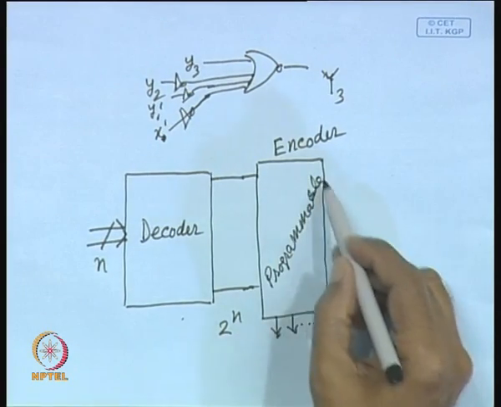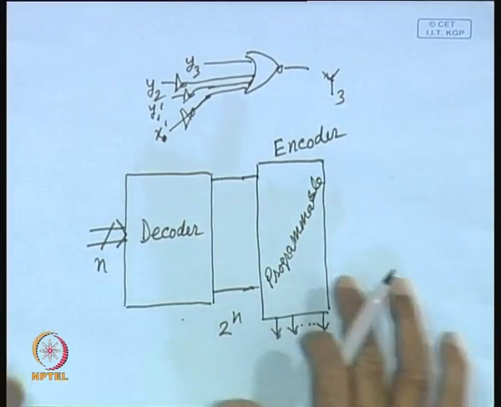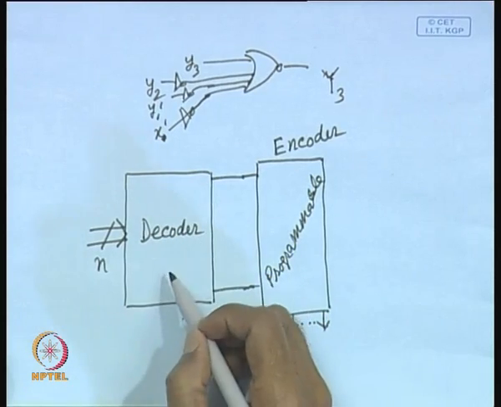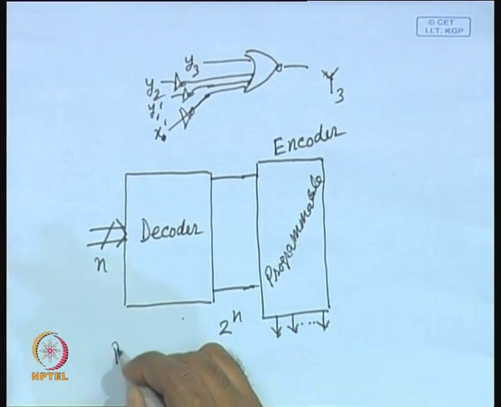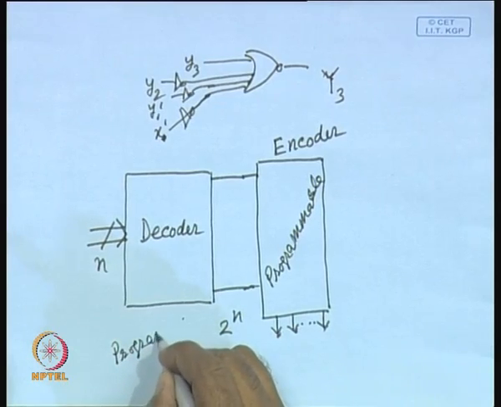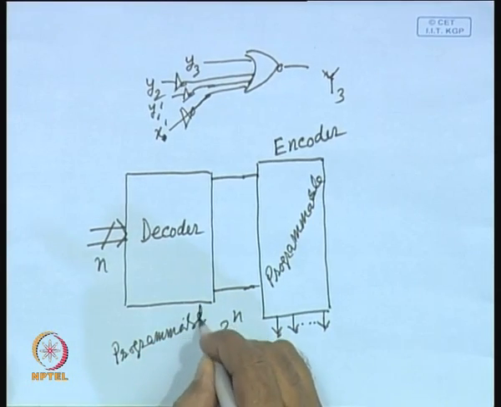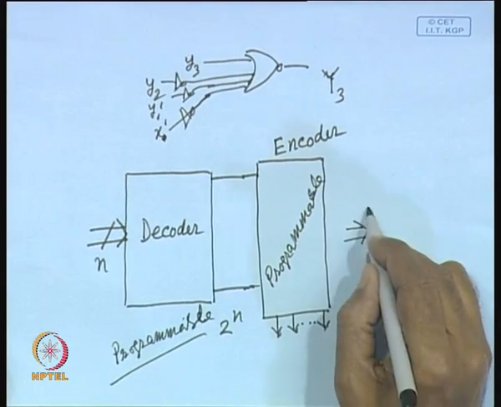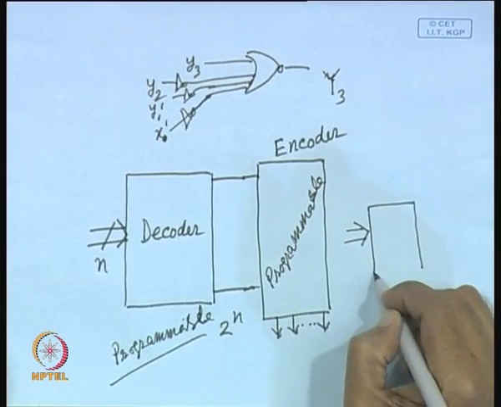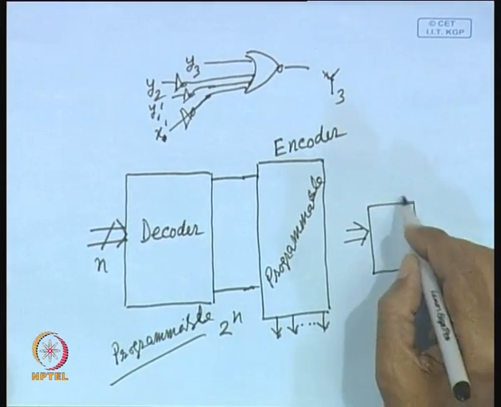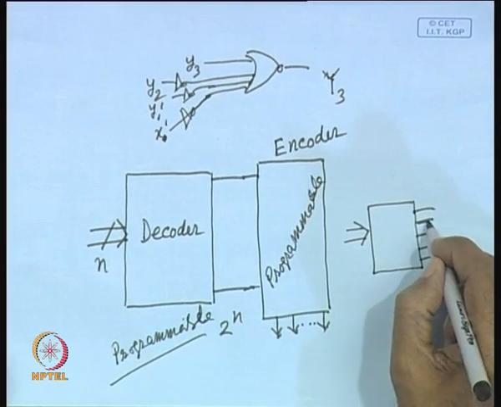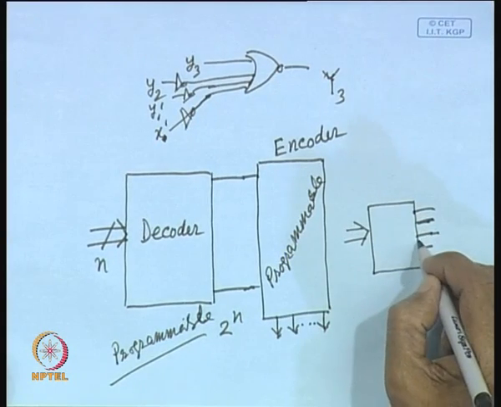Now, if we incorporate a little more programmability, we can make the decoder programmable. That means we can apply the inputs, and then instead of a decoder we can have two levels, and it will produce only the desired outputs, say 6.